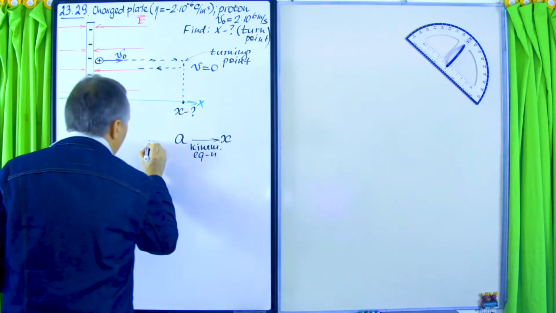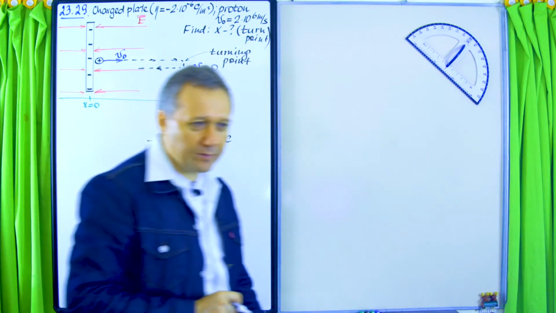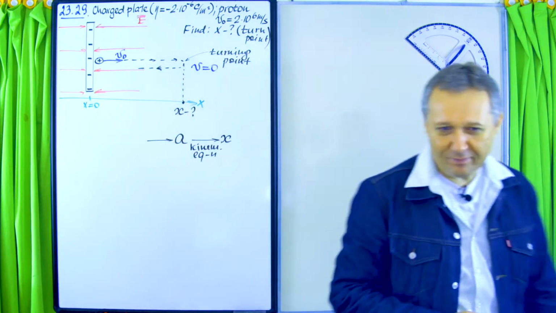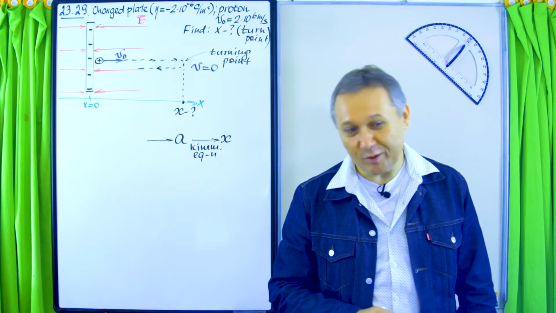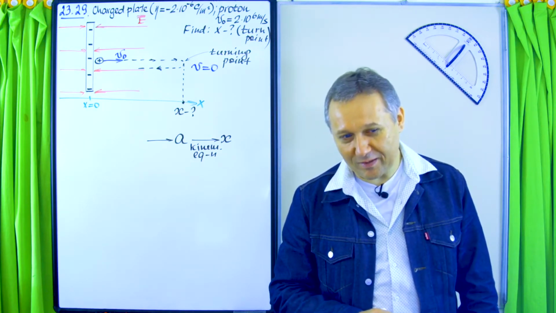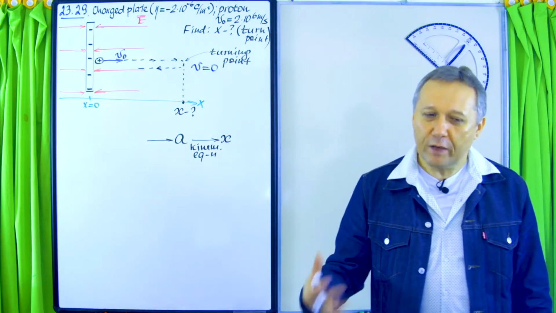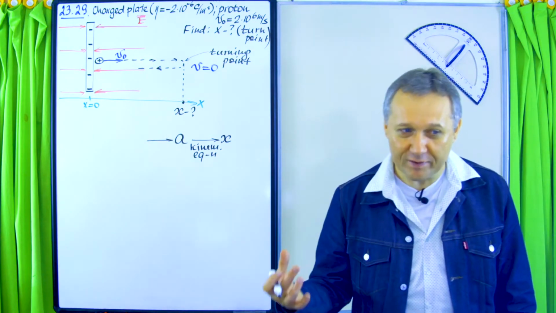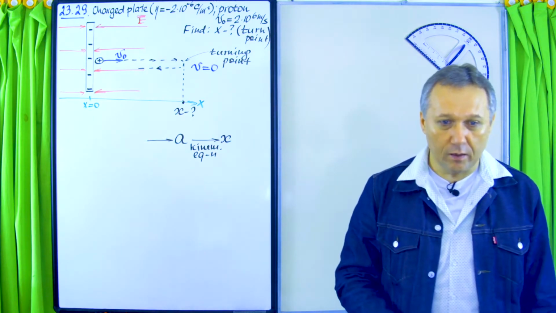Okay, so now the step before this: what do we need to know in order to get information about the acceleration? Yesterday, we already discussed something like that, right? We need to have information about the force. In this case, of course, electric force, because that's the only force acting.